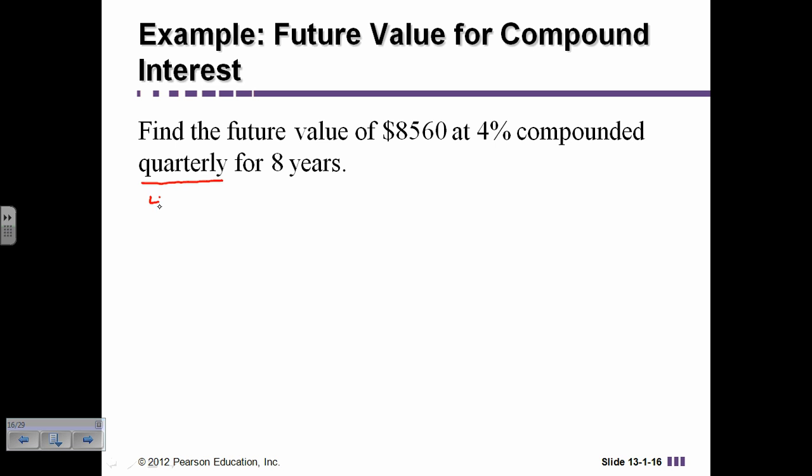There are 4 quarters in a dollar. So quarterly would be 4 times per year. So if it's compounded 4 times per year for 8 years, then 8 times 4 is 32. There would be 32 periods of time.